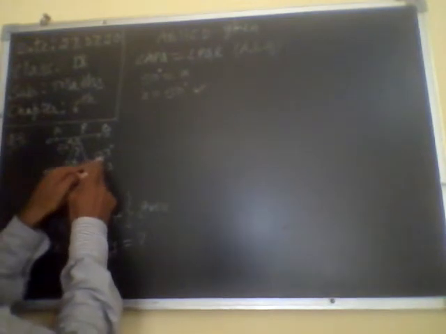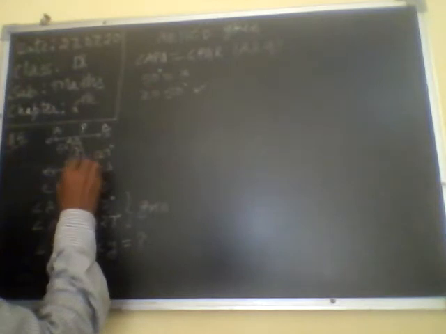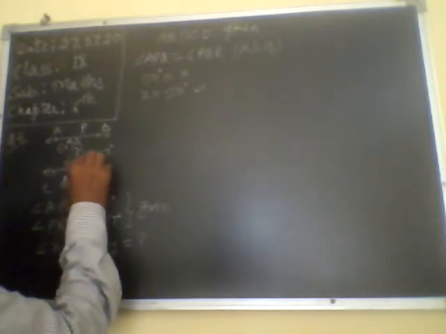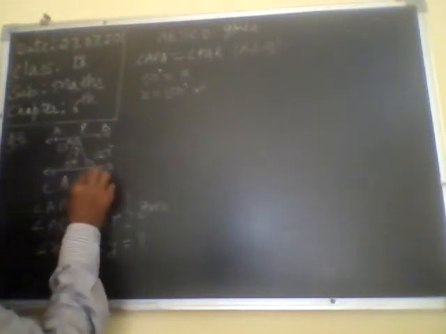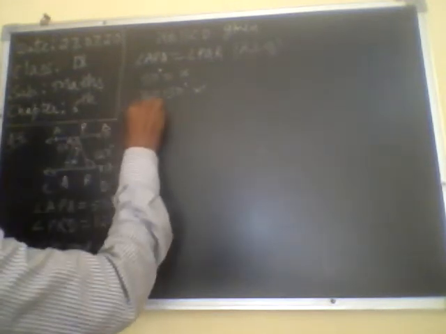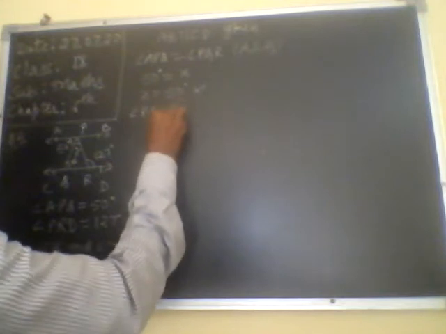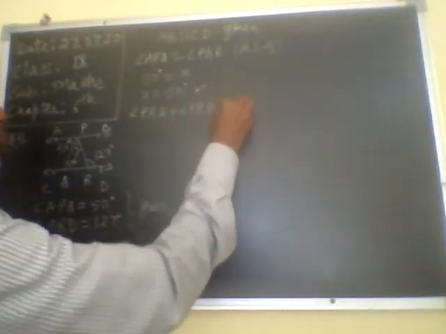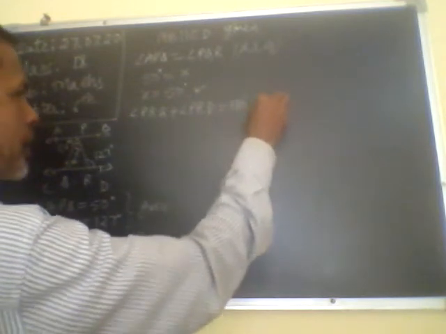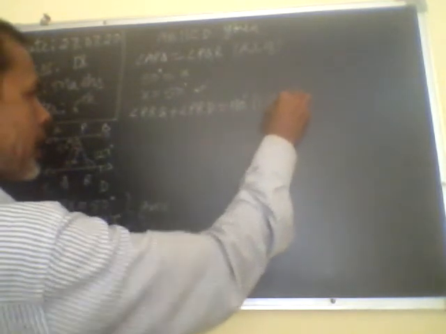Now angle PRD is given as 127 degrees, and its linear pair, suppose angle PRQ. So angle PRQ plus PRD equals 180 degrees, linear pair angles.